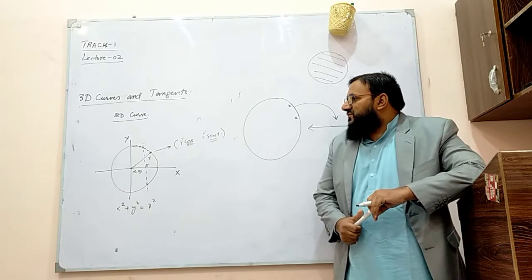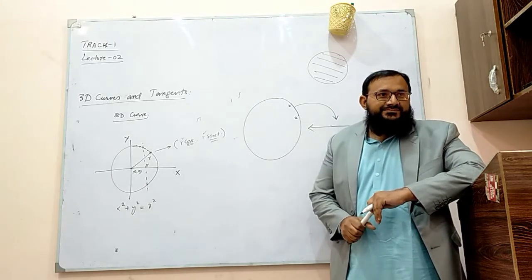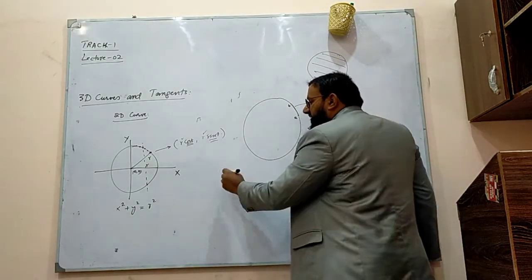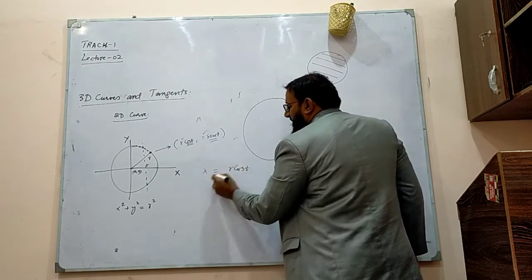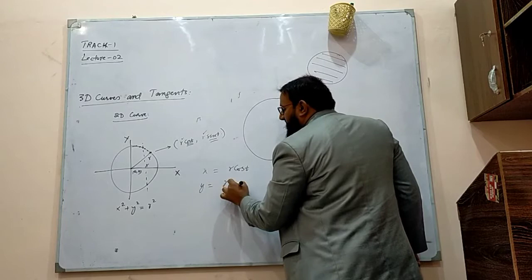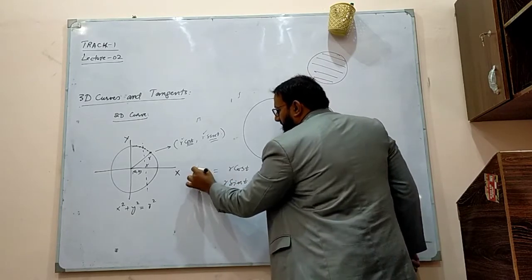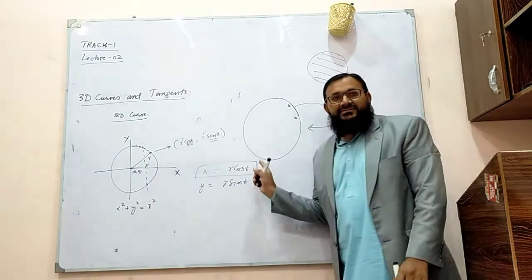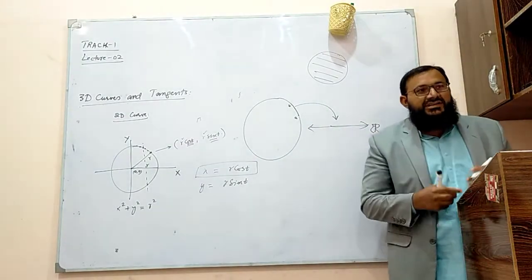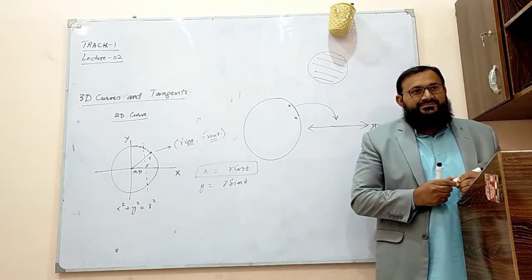Now the question is, why do we do that? If we see this particular thing, x is equal to r cos t and y is equal to r sin t, when we look at this equation independently, is it a function? Yes.